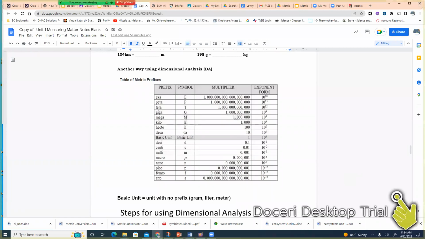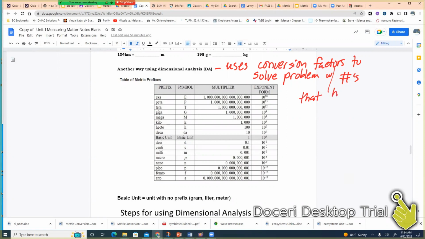So dimensional analysis uses conversion factors to solve problems with numbers that have different units.